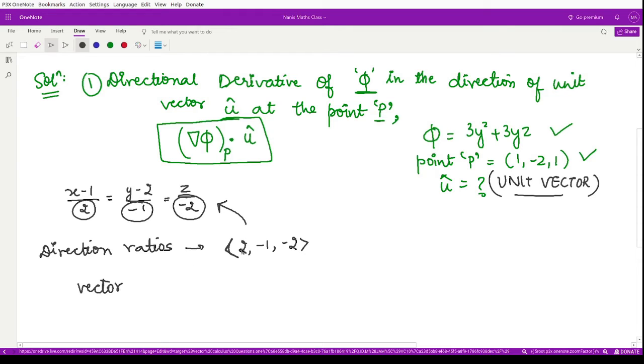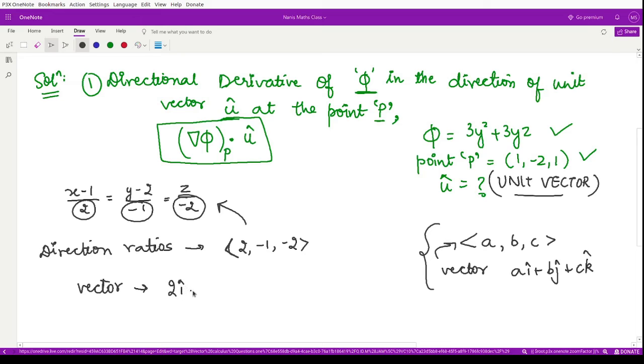Suppose the direction ratios are A, B, C, then the corresponding vector would be A i cap plus B j cap plus C k cap. Accordingly, here our vector would be 2i cap minus 1j cap minus 2k cap. This is the vector in whose direction we are to calculate this directional derivative.